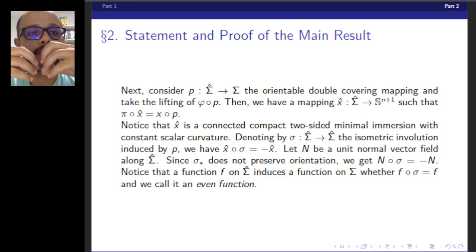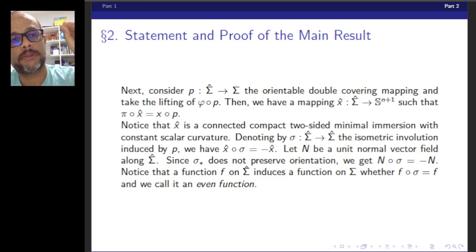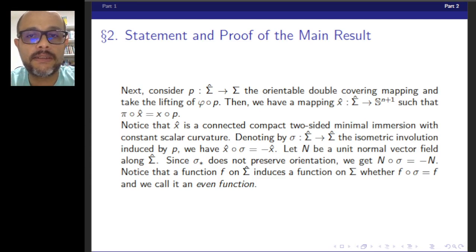In such conditions, we are able to lift such map X composed with P to a map which will take sigma hat into the sphere, and such new map X hat satisfies this condition: pi composed with x hat is equal to X composed with P.